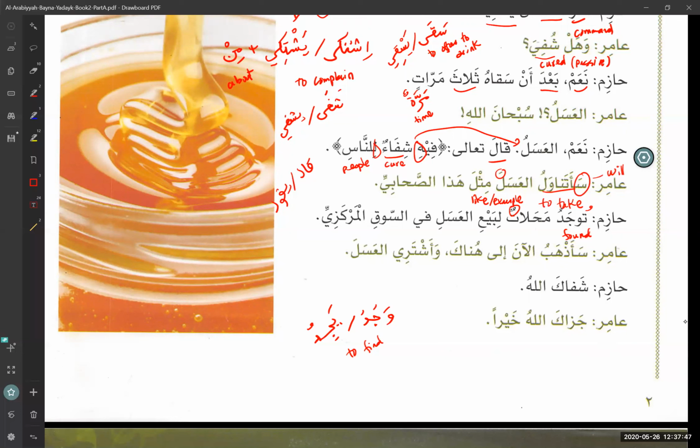So stores are found. Li for bay'i. Bay' is selling.